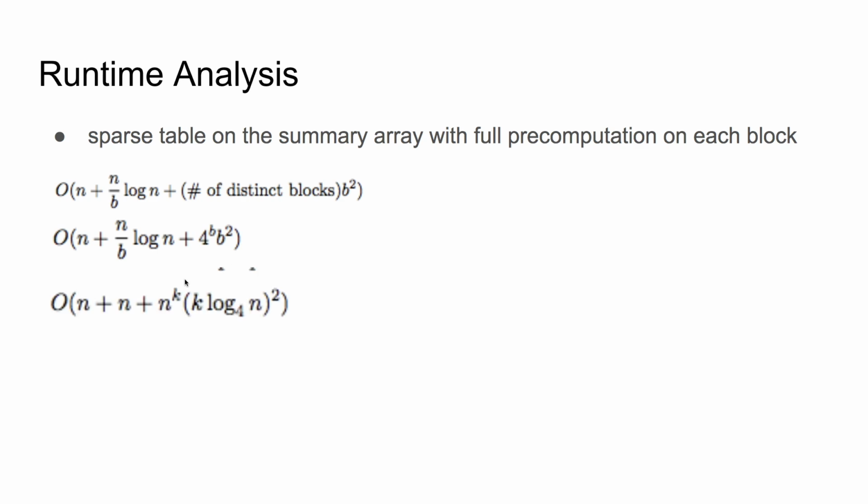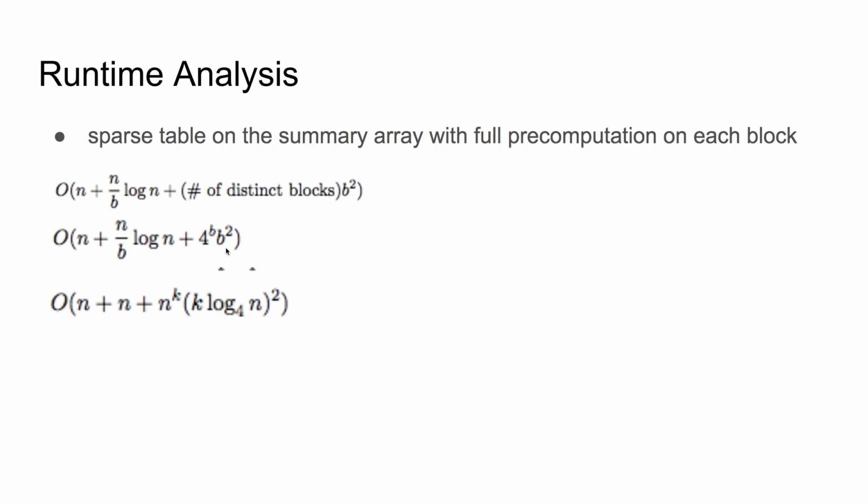And then from here, we realize that we need to pick b. Okay, so at this point, we need to pick a value for b. B is a block size. It's some parameter we can determine ourselves. And so if we pick b greater than log n, the 4 to the b factor grows exponentially.